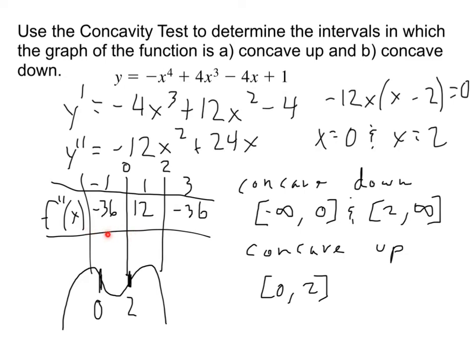So to the left of 0, it's negative. To the right of 0 and to the left of 2, it's positive. And then to the right of 2, it's negative. How you'd write that is it's concave down from negative infinity to 0 and from 2 to positive infinity, and concave up from 0 to 2.